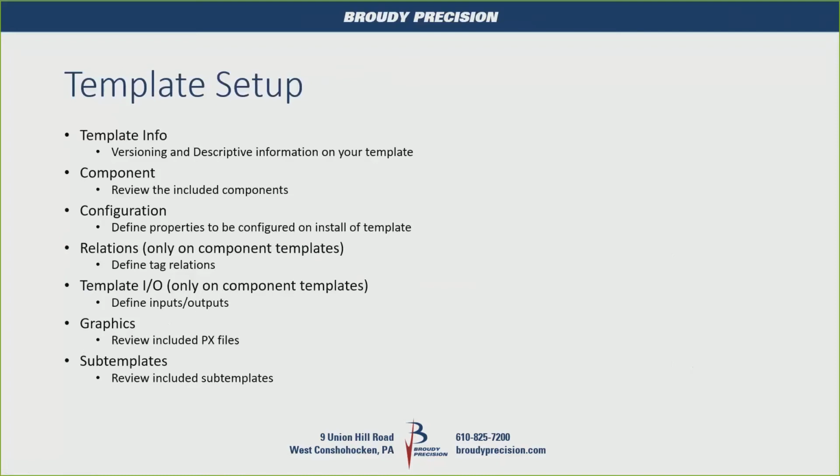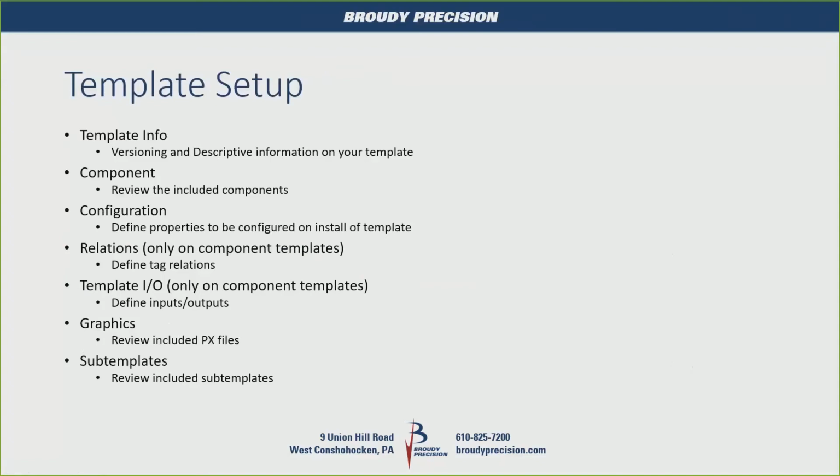The Relations tab is where you would define any tag relationships you may have. So if this was a VAV template, you could say automatically prompt me to select a AHU reference, and it will pull up basically any objects that are tagged AHU. And the template IO is the same sort of thing, but it's for basically inputs and outputs, and that can be assisted by tagging as well, and I'll show that.